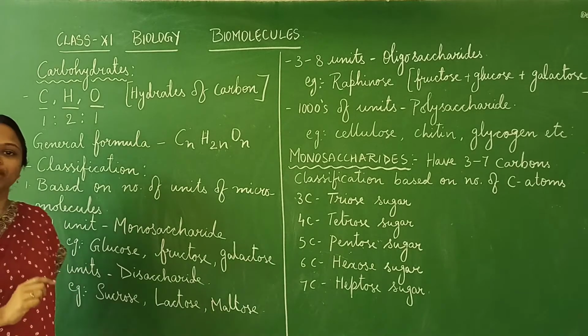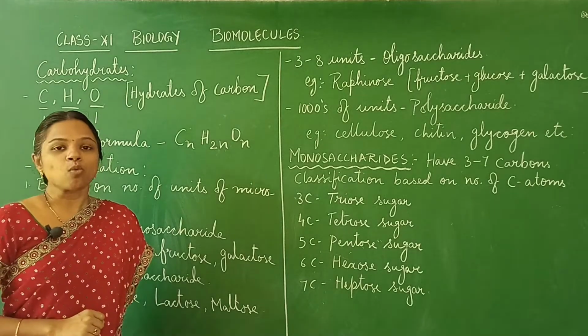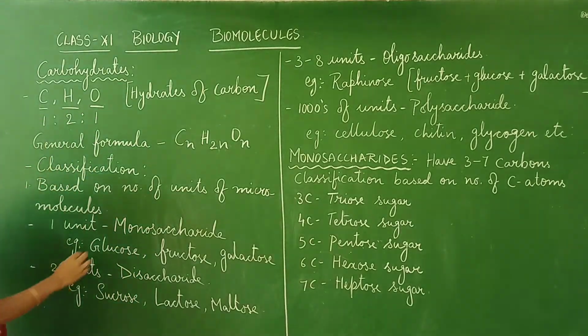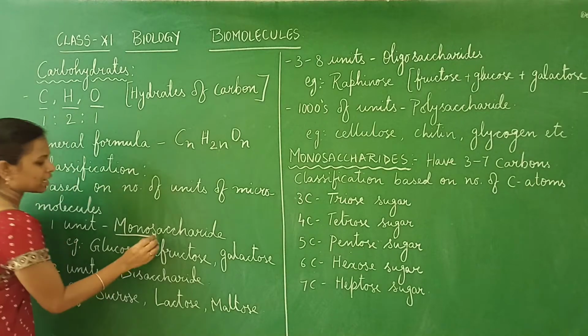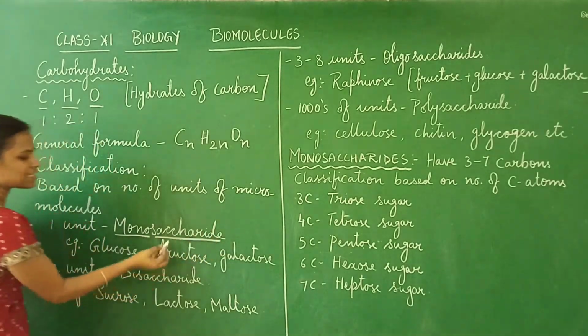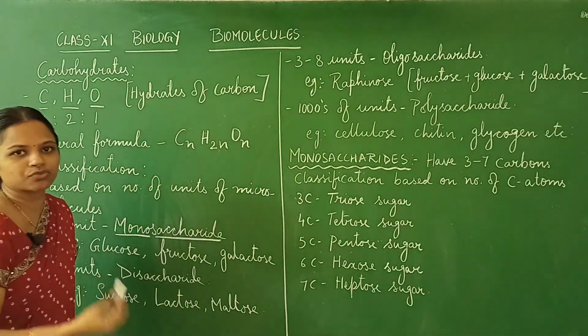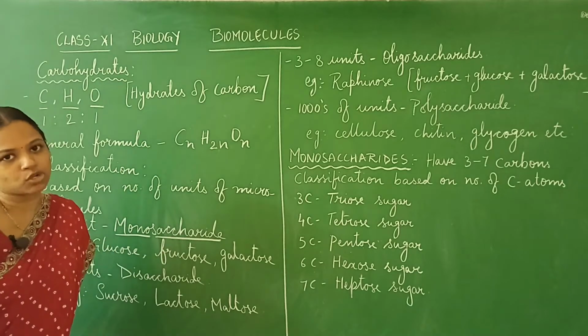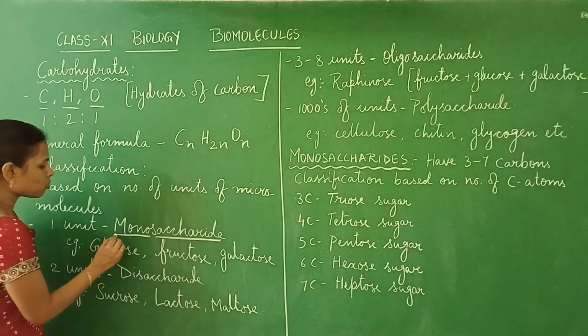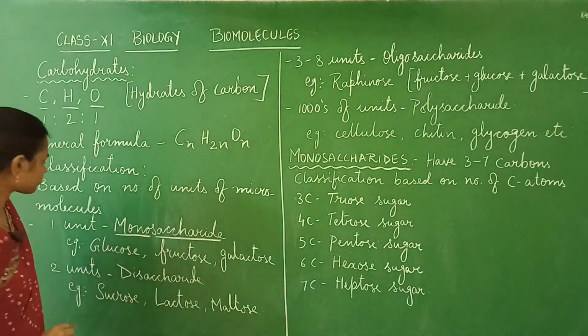If the carbohydrate is made up of only one unit, then it is called a monosaccharide. Saccharide is a word which is generally used for sugar or something related to carbohydrates. Mono means one.